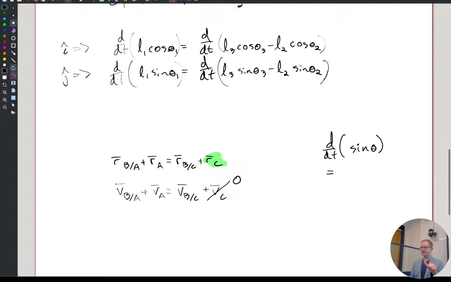Theta is a function of time. If theta is a function of time, what is d/dt of sine of theta? Cosine theta? Is that it?